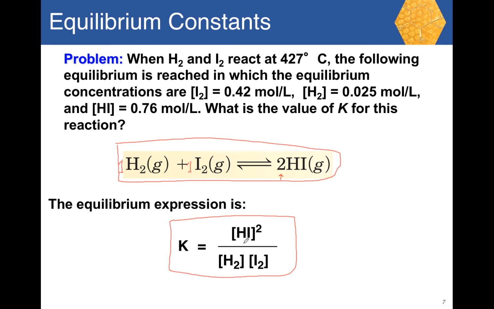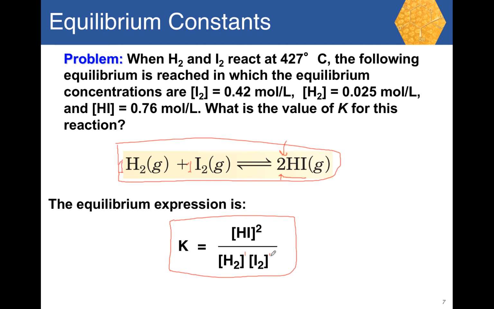The equilibrium expression for this reaction is HI raised to the power 2, squared. So you'll have to use your calculators whenever we do a calculation. Hydrogen is a reactant, so it's at the bottom, and iodine is a reactant, so it's at the bottom, raised to 1. So that's the equilibrium expression.